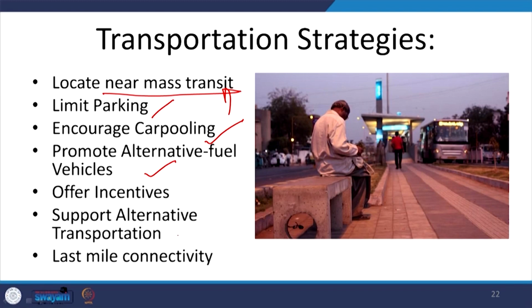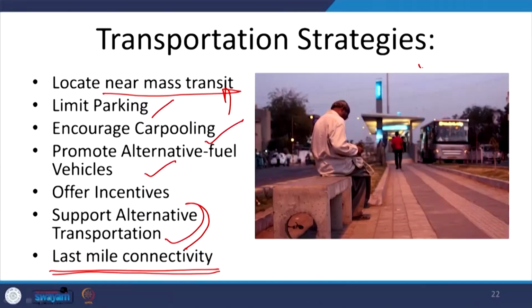And we have to support alternative transportation through design, through planning, through policy planning, and we have to encourage last mile connectivity. Now, you might have seen across many cities within India, and world is anyways promoting it, that bikes are available for share and ride.